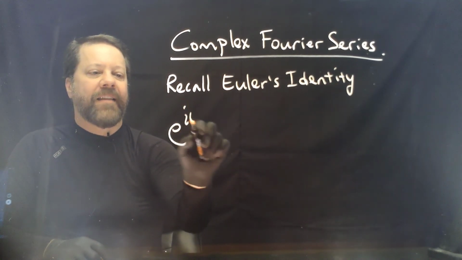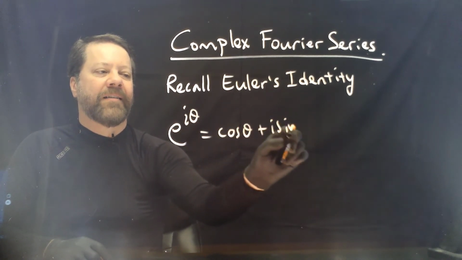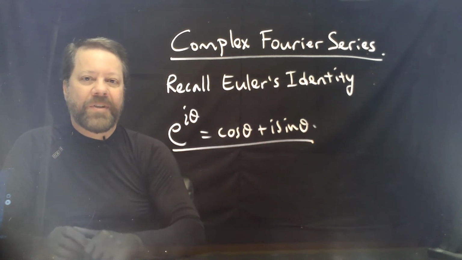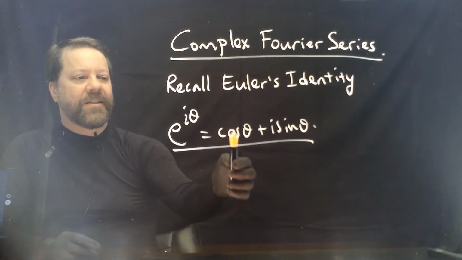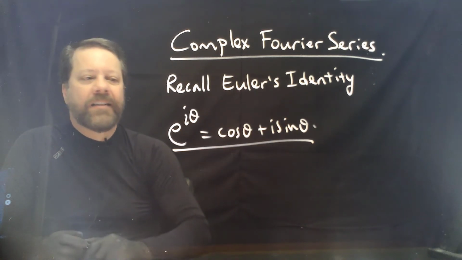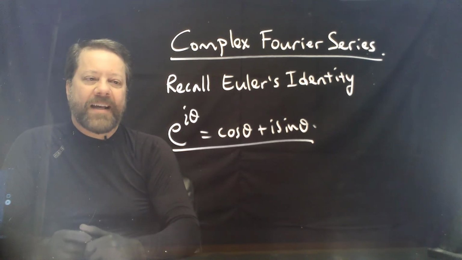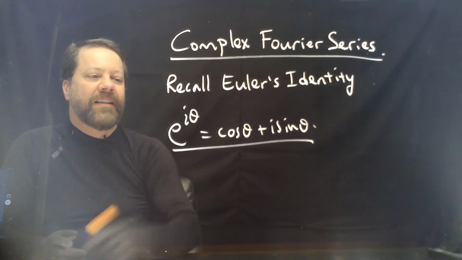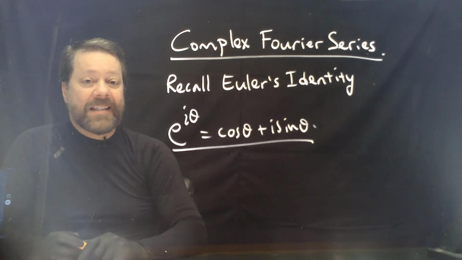E to the i theta is cosine theta plus i sine theta, which is easy to prove using power series. You can find the Maclaurin series of cosine and sine, and the Maclaurin series of e to the x. If you replace x by i theta in the Maclaurin series for e to the x, you can parse that out and end up with the power series on the right-hand side. Proof is very easy, and you should know it, so give it a shot.